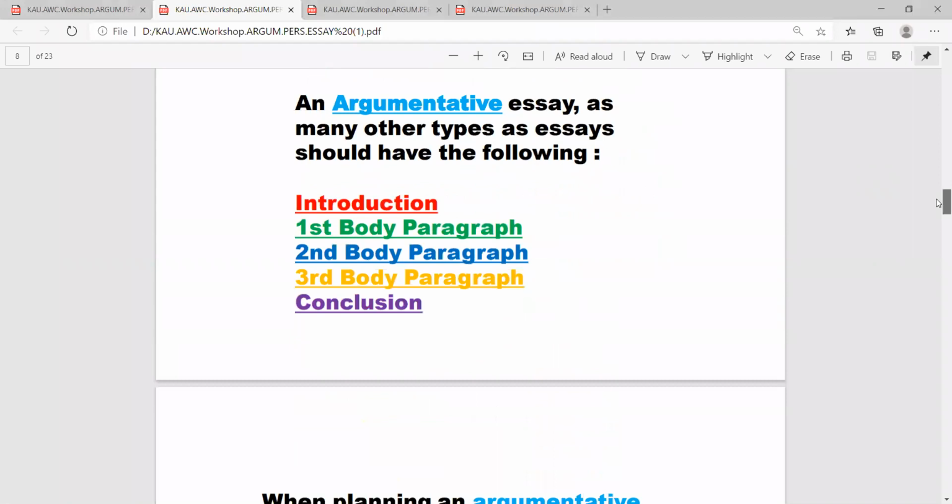Here it is. As I stated before, an argumentative essay, as many types of other essays, especially the ones that our students will be writing for this writing exam, either October 6 or October 7. And I've already informed them of the style and approach that they should use.